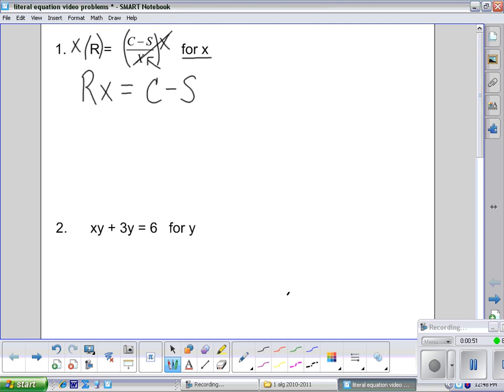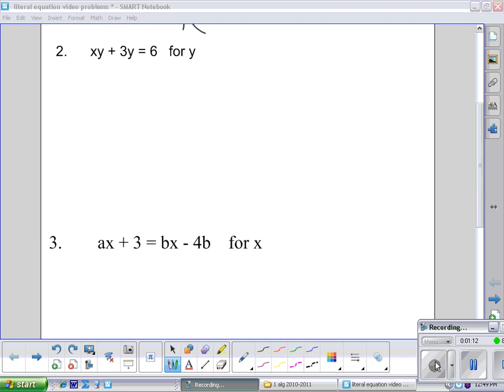Okay, x is still not by itself, so I need to undo the multiplication by dividing by r on both sides. The r's will cancel, and I'm left with x all by itself, equaling c minus s divided by r.